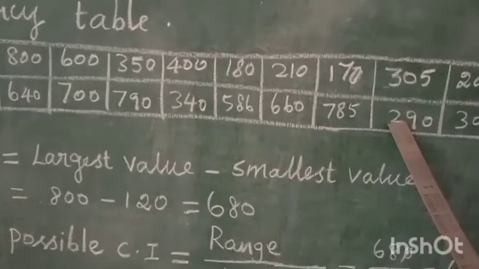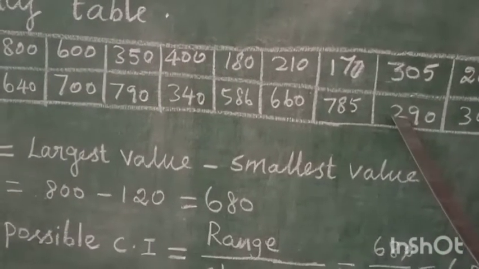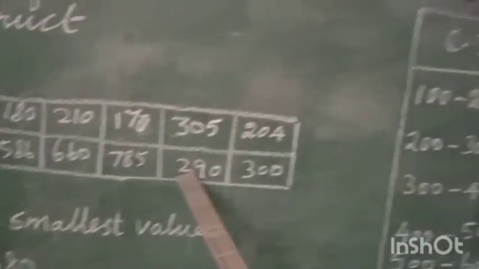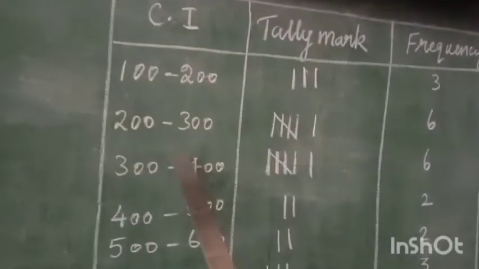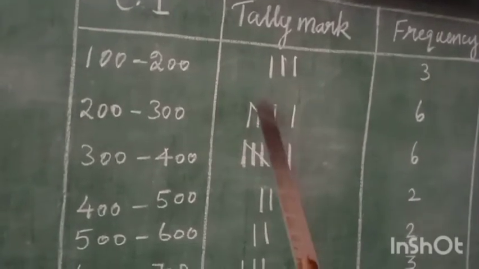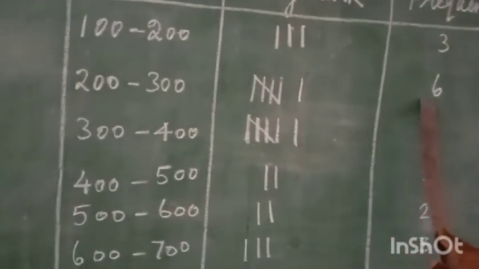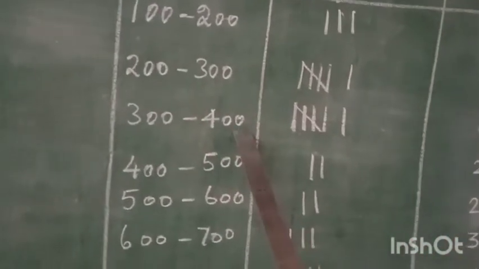So 6 values are there in the class interval 200 to 300. See the table: for 200 to 300, the tally marks are 6, so the frequency is 6.